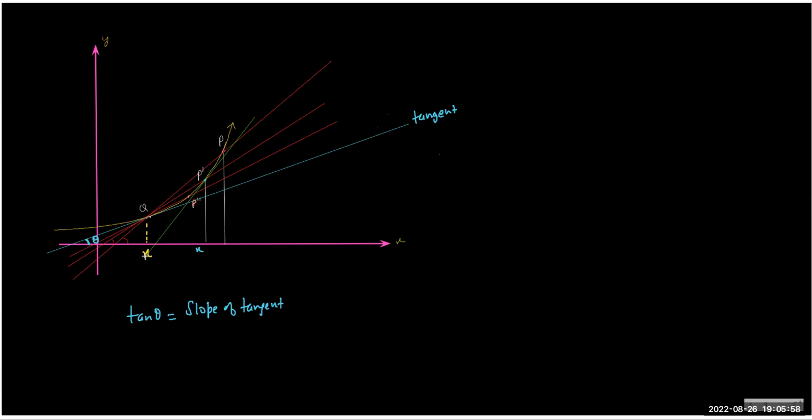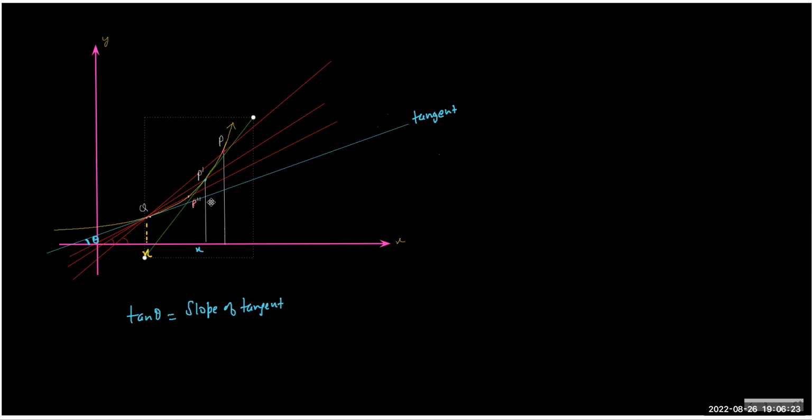Can we say yes or no? No. And this looks like, given the point P dash, if someone is sitting there, how steep the graph is. So you can see the green line is steeper than the violet line.